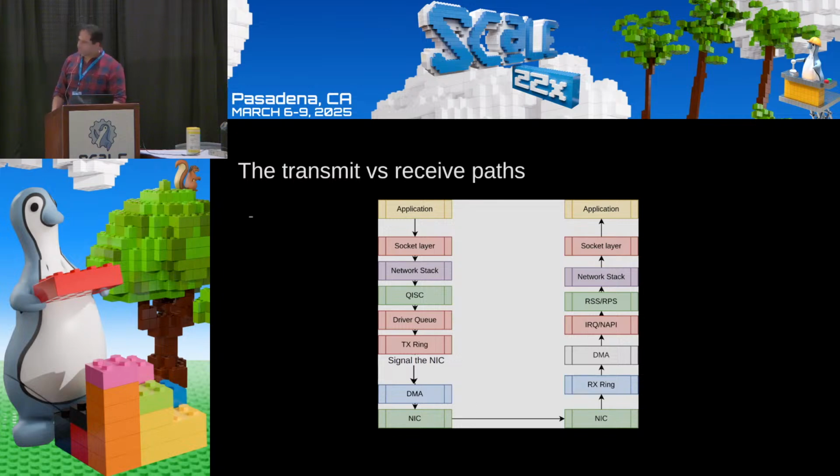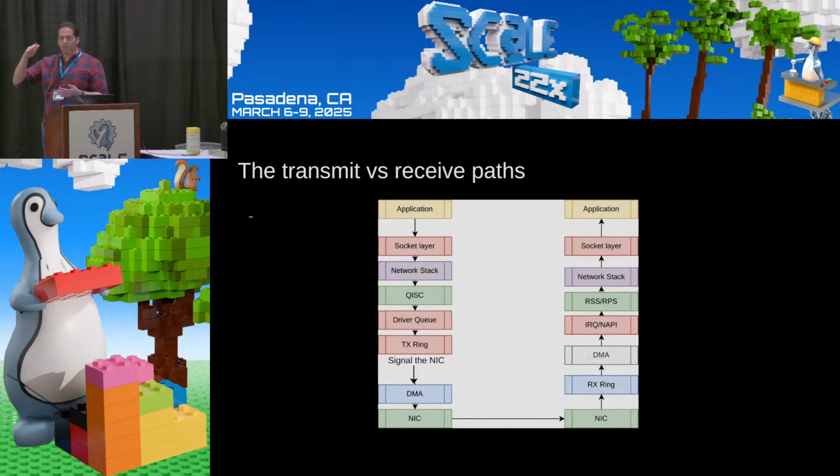Okay, so this is, at a very high level, the network transmit and receive paths. On the left-hand side here, we see the application in user space. It's generating a packet. The first thing it deals with is the socket layer, to be able to interface with the kernel space and start sending the data. Next to that will be the network stack. So we go down the layers.